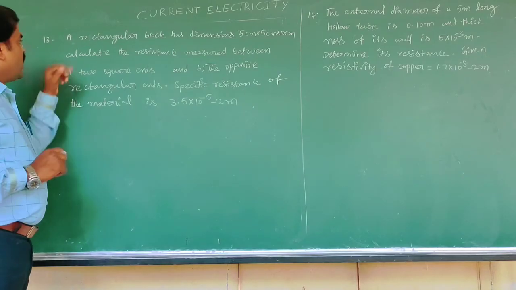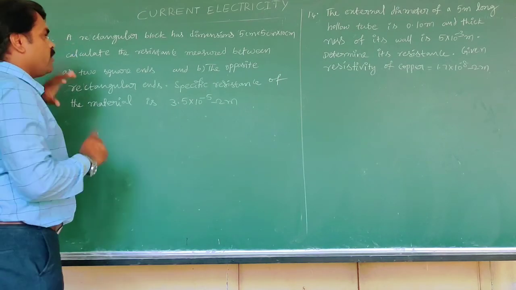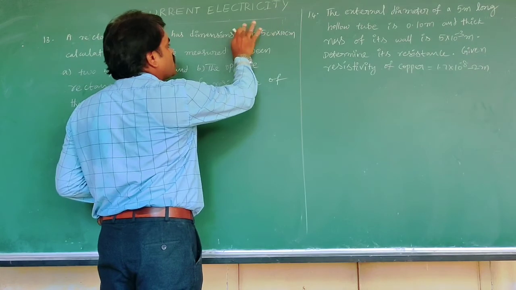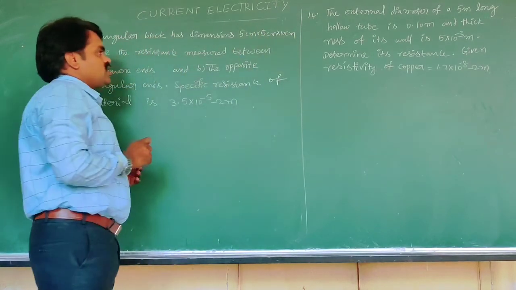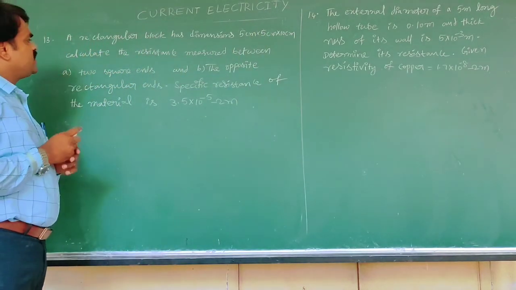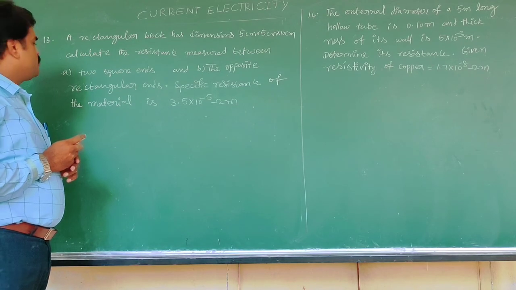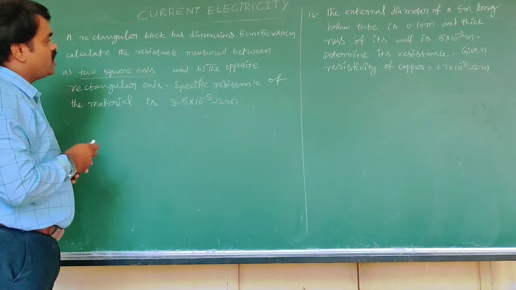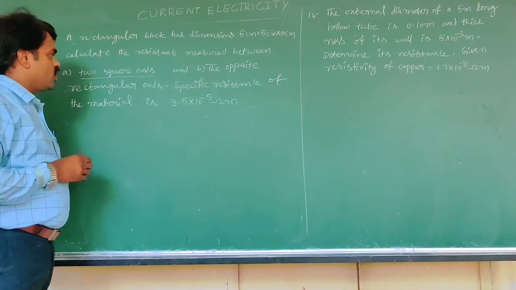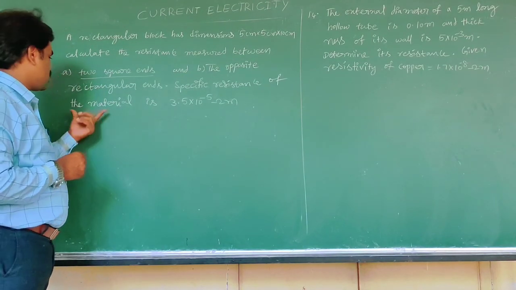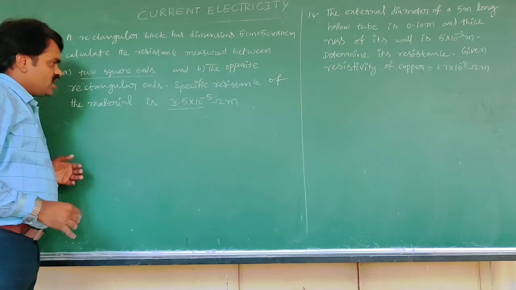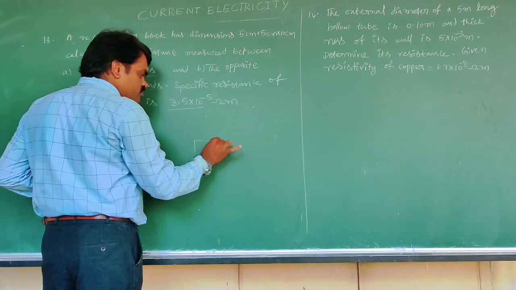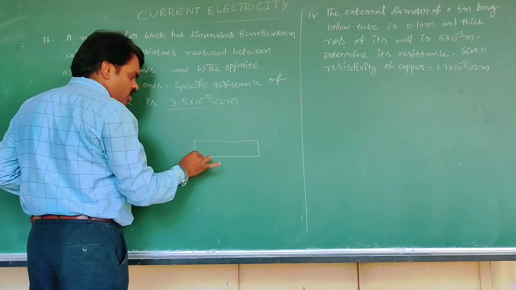The 13th one. A rectangular block has dimensions L, D, H of 5 cm, 5 cm, 10 cm. Calculate the resistance measured between the two square ends, and for the second one, between the opposite rectangular ends. The specific resistance of the material is given. Now this is a rectangular cube.